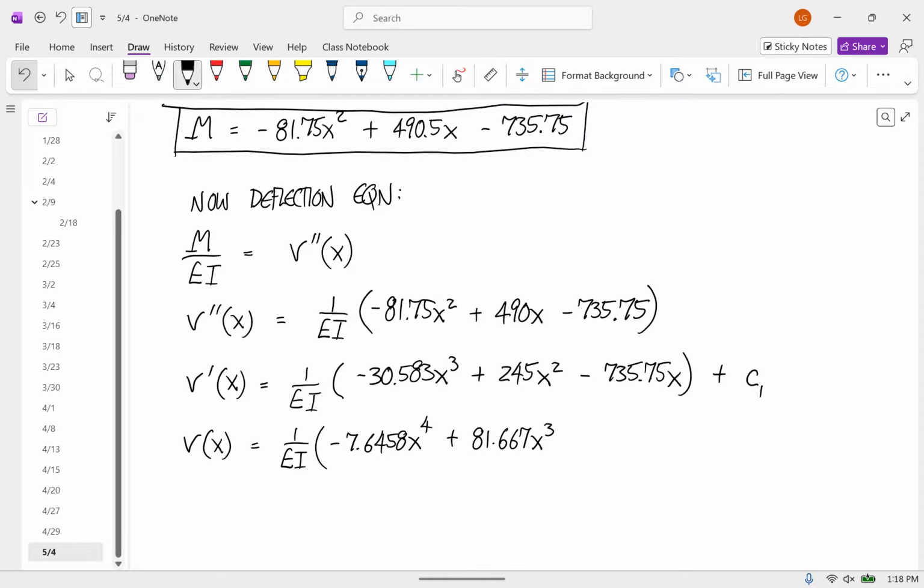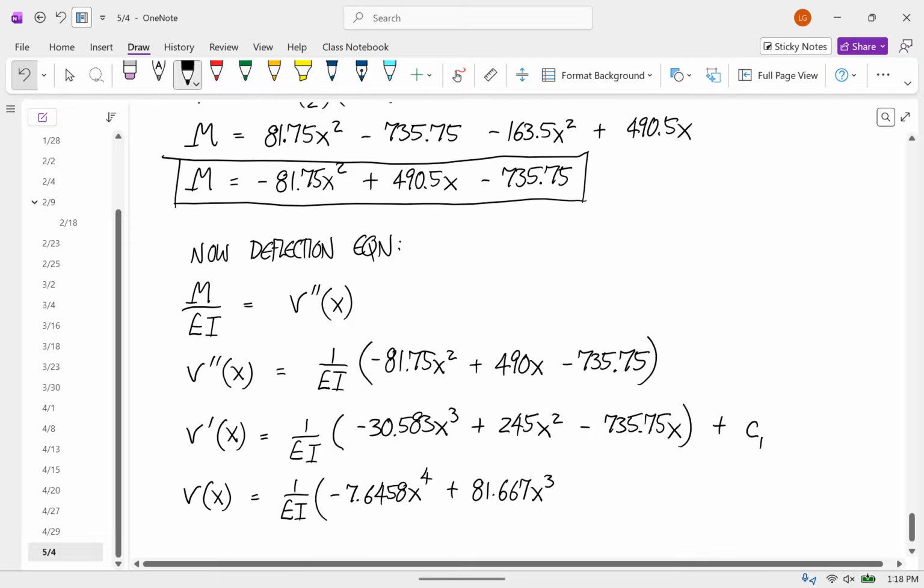Yes? The first term integrated the first time is supposed to be 7.25? Which one? The x squared term integrated the first time. Oh, 30.58, I think. Oh, you're right, I entered that in wrong.